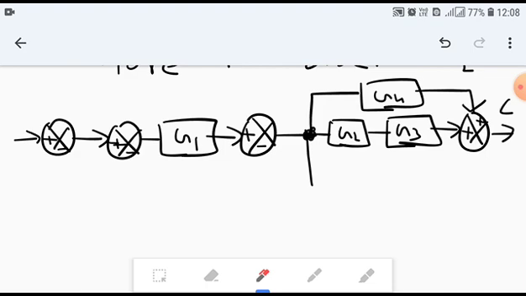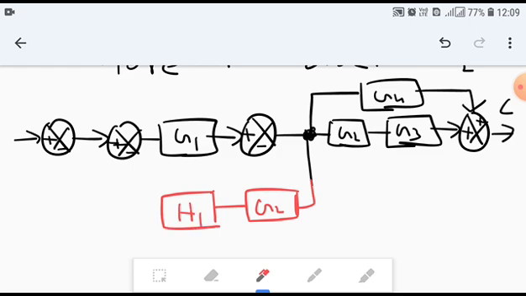So to get the gain of G2, we are going to add G2 along with the H1. So this is the adjustment we are making. This is another rule which we have seen already, that whenever we are moving the branch point before the block, we have to add a gain of that G2 along with the already present H1, right. So this is H1 and we get G2.